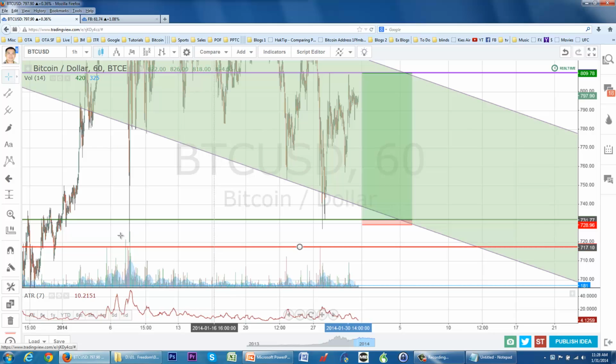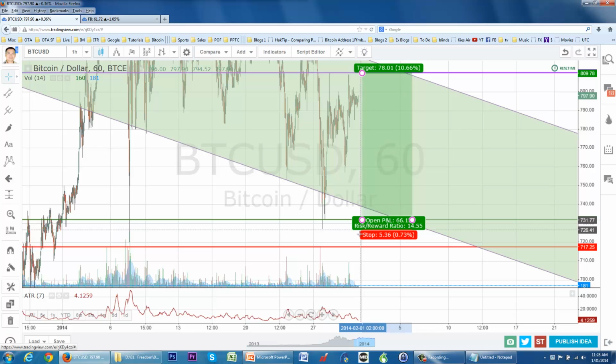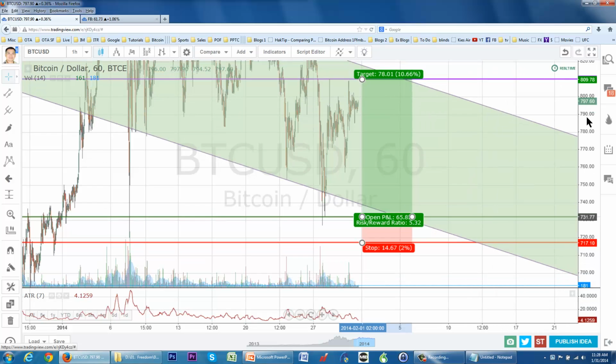So if I move my stop loss to below the low of this low right here, and we move it to here, then that $14 stop loss is almost 4 times greater than the hourly ATR for Bitcoin, which means that the probability that I will get shaken out of my stop losses is a lot less, because I'm operating within the parameters of this trading instrument called Bitcoin.